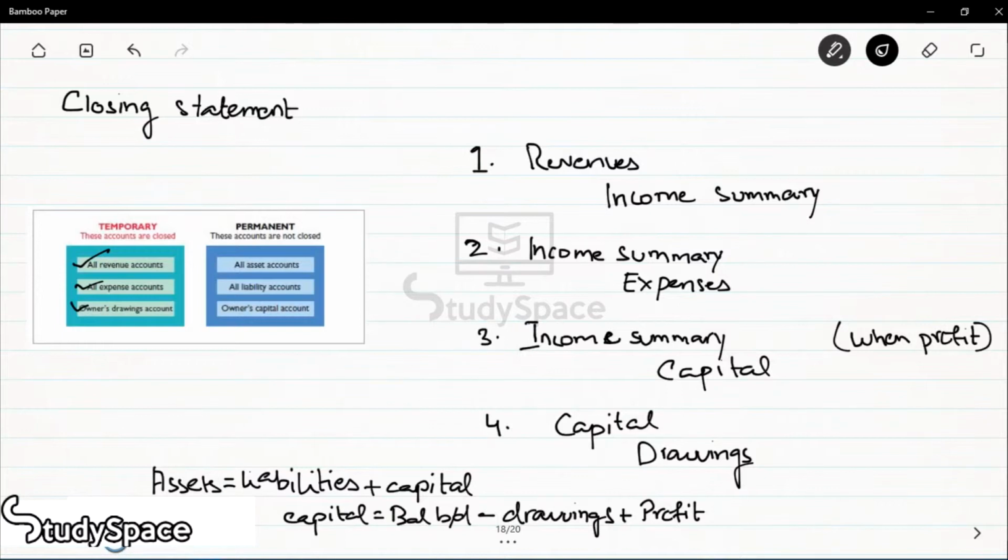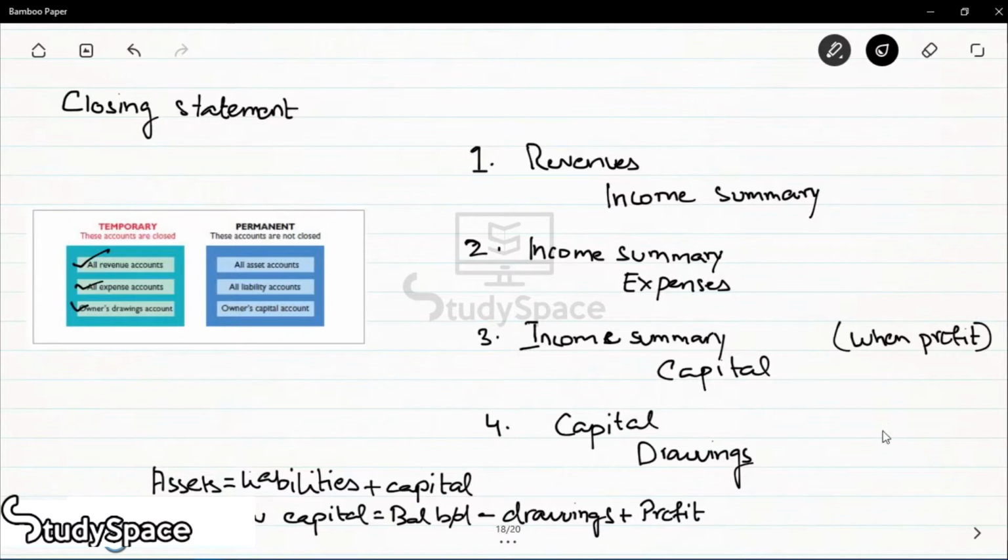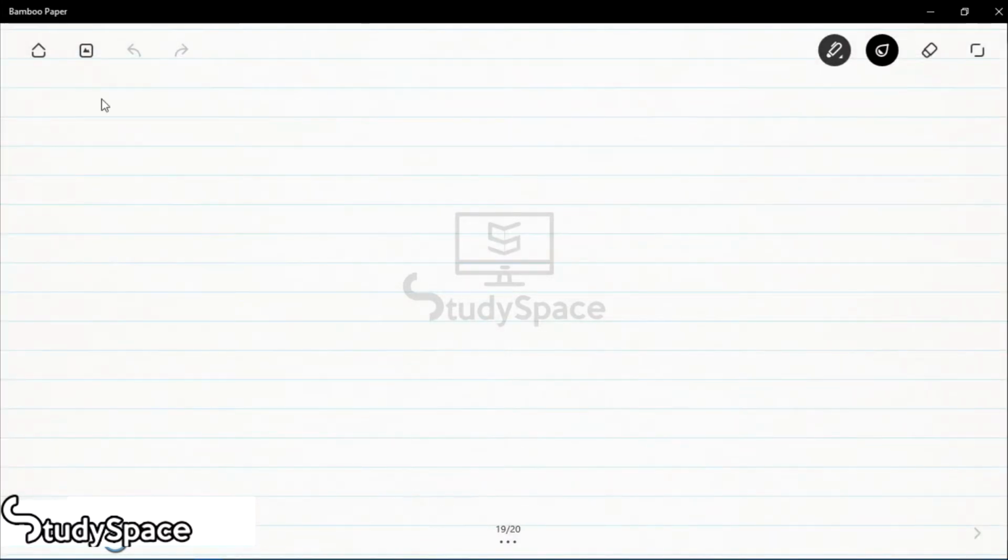After we have tabulated and entered the closing entries, we then create a post closing trial balance.